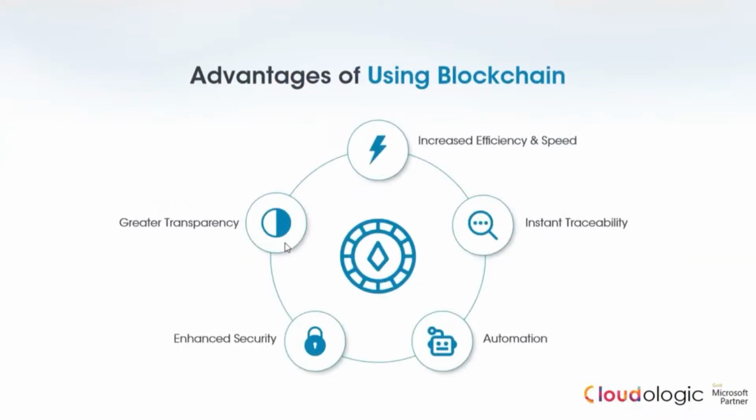Now we'll talk about some advantages of using blockchain. There's increased efficiency and speed, instant traceability, automation, enhanced security, and greater transparency. We'll talk about them one by one. The first, enhanced security.